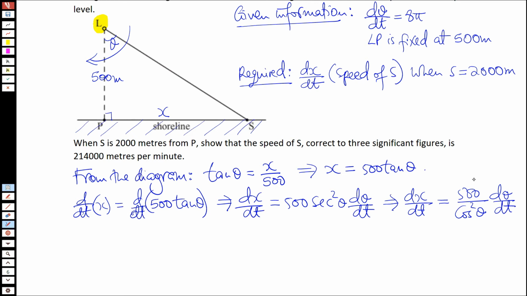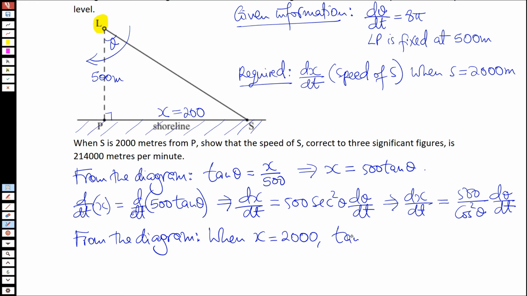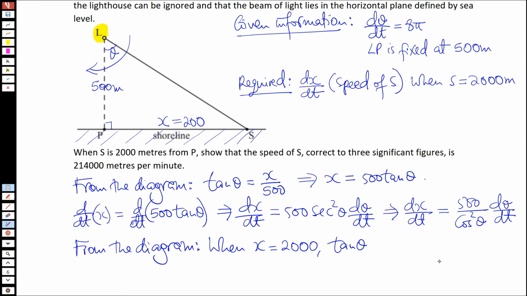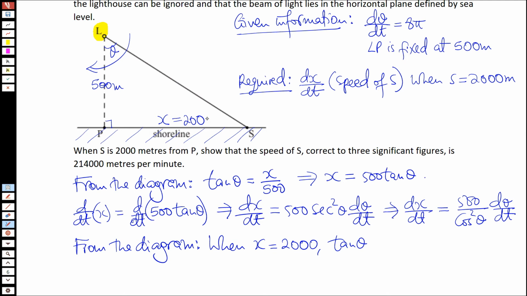Let's say when x is equal to 2000, again from the diagram, we have this relationship: tan theta will be equal to 2000 over 500, which will be equal to 4.